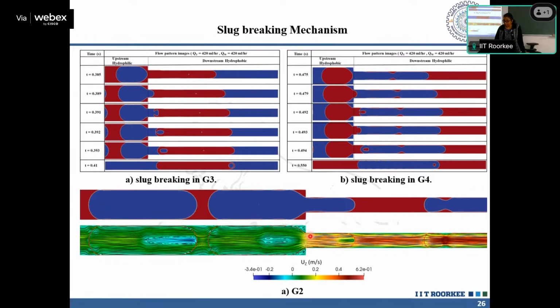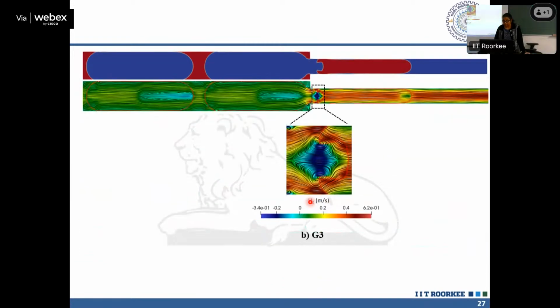Also, what we have seen, let me see, yes, this one. When they encounter a sudden change in the area, there is a formation of a stagnant regime. So there is a stagnant and recirculatory regime observed here. This is the phase contour and this is the velocity contour. uz is the dominating velocity in this direction.